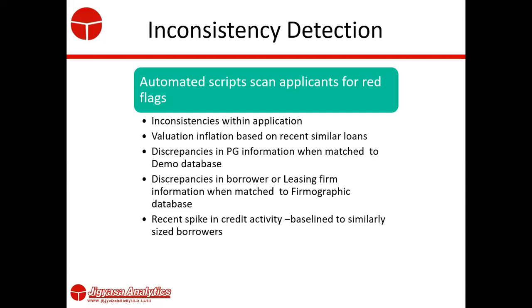So all of these, one should set up scripts to check for these, and these should together become kind of a logical red flag system which just looks at the data which the applicant has submitted, and looking at it, tries to figure out if something seems off.